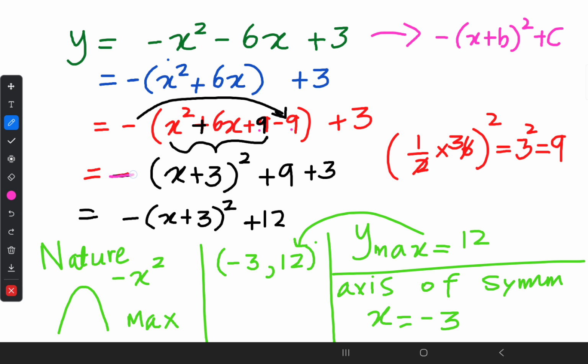It has a common negative as well, and after factorizing this, there is another negative 9 inside the bracket. You need to expand that with the negative: negative into negative is positive 9, plus 3. It should be in this format. Thereafter, you can find the nature, the coordinates of the turning point, the y maximum and the axis of symmetry. You can write them.